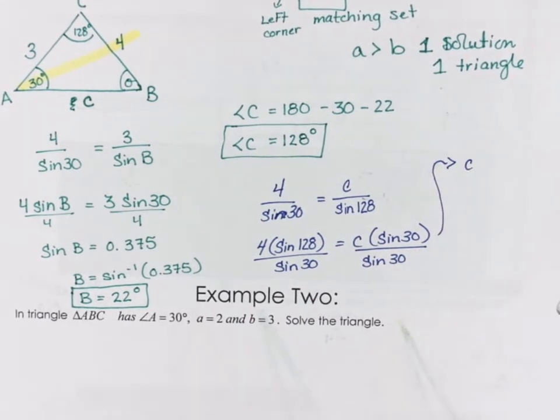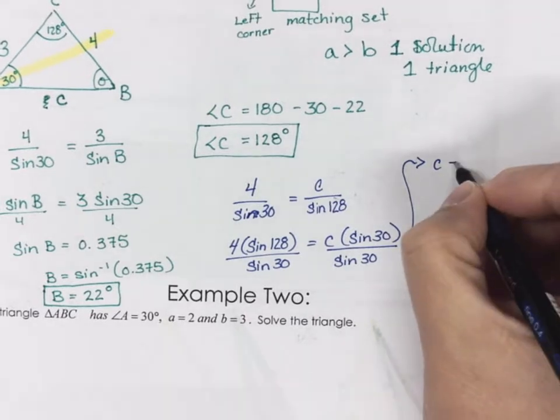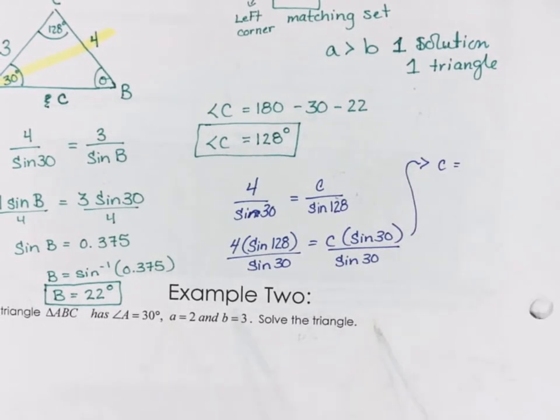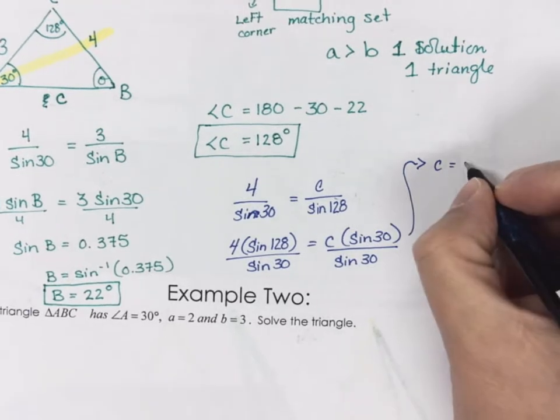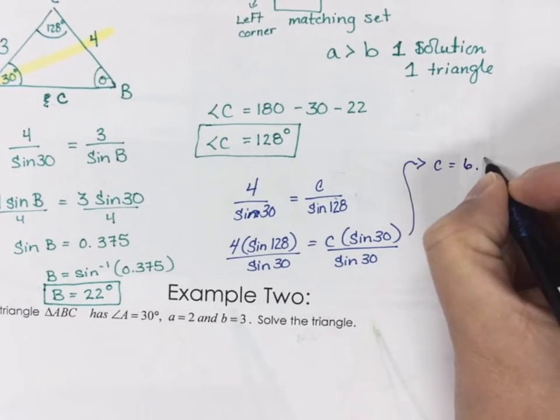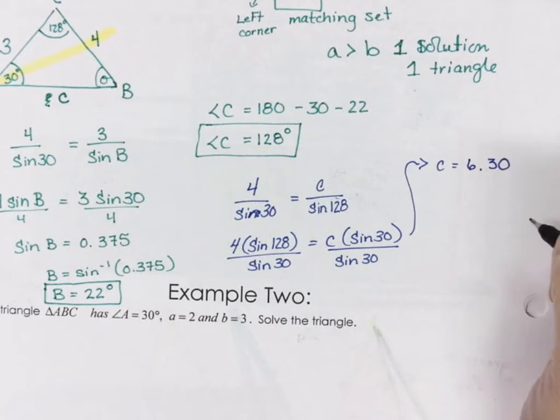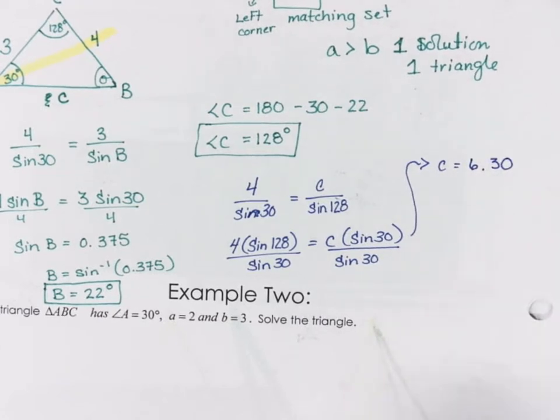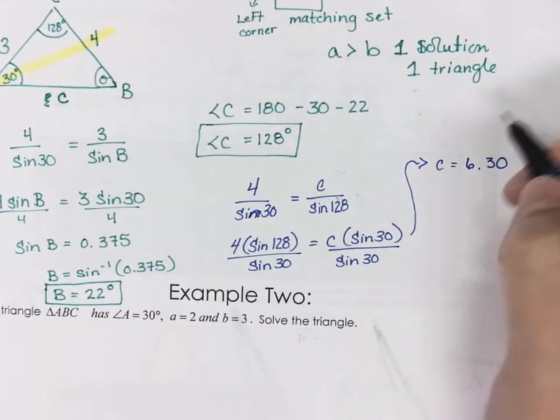And this time I'm not looking for an angle, so it's just straight multiplying and dividing in my calculator with a few trig functions. 4 times sine of 128, divide by sine 30. And we're going to round to 2 decimal places, so 6.30. And I don't have any units on there, so I'm going to leave it without units.